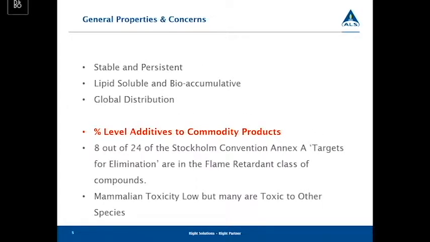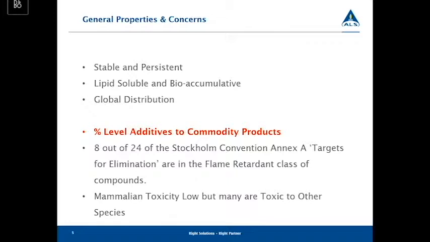General properties: most of these compounds are stable and persistent, not surprising because they are being added to commercial products. In order to be viable for that, they need to be stable for long periods of time. And in general, because they're plastics and so forth, they tend to be lipid soluble and bioaccumulated, all the bad stuff.